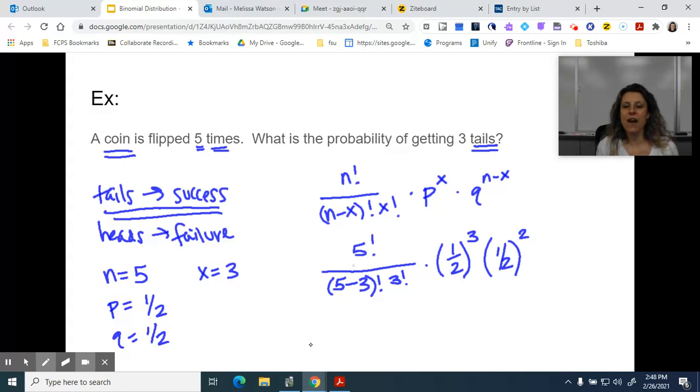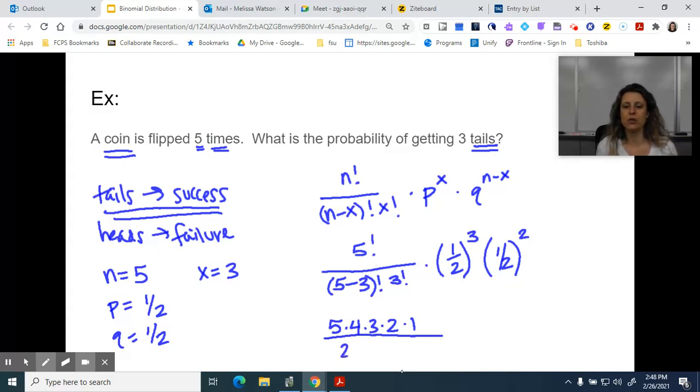Okay, this 5 factorial means that we're going to multiply 5 times 4 times 3 times 2 times 1. So a factorial will start at the number that's given, and you multiply by the numbers that are 1 less than the previous until you get all the way down to 1. Okay, so 5 minus 3 factorial, that's 2 factorial.